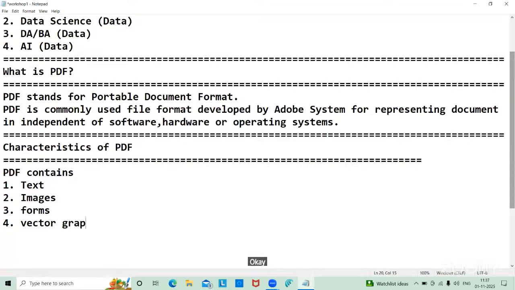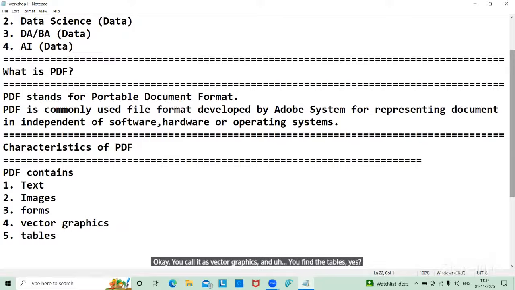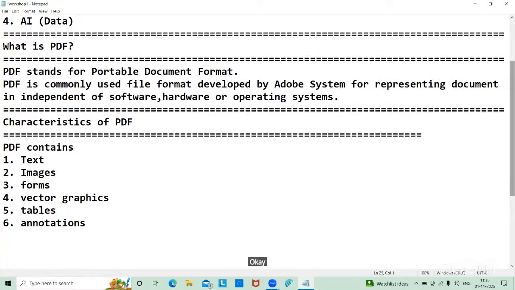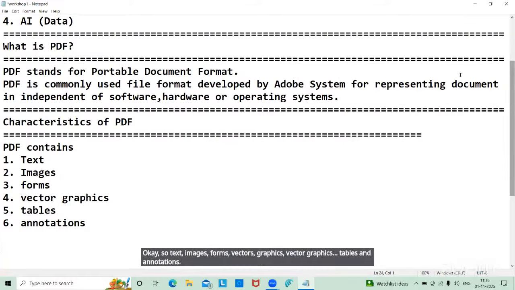You also find tables and annotations. So a lot of things will be inside a PDF: text, images, forms, vector graphics, tables, and annotations.